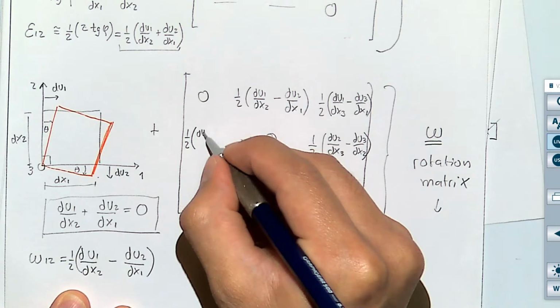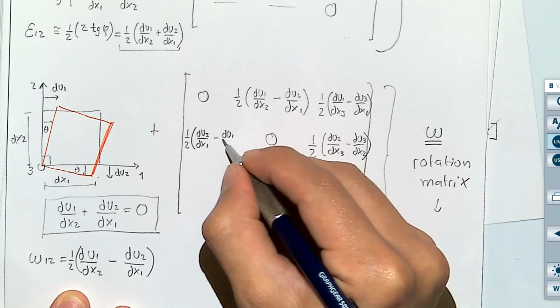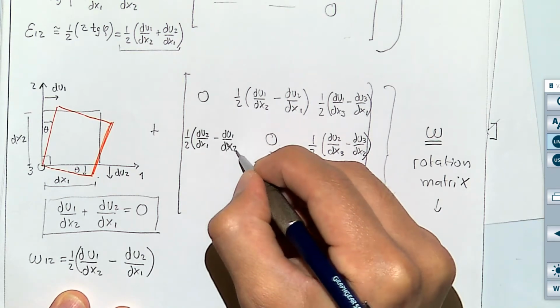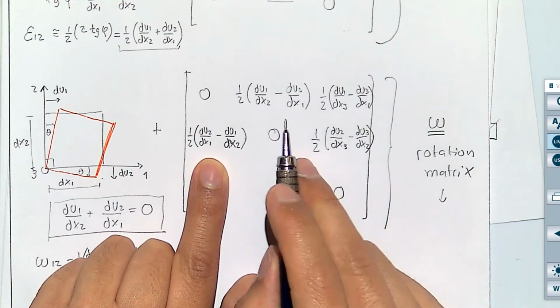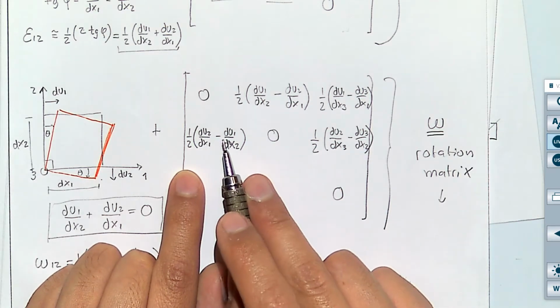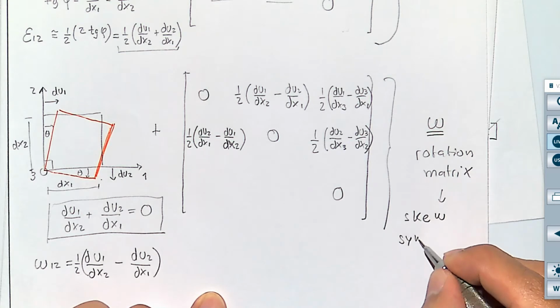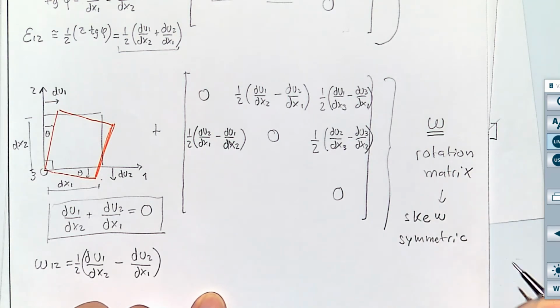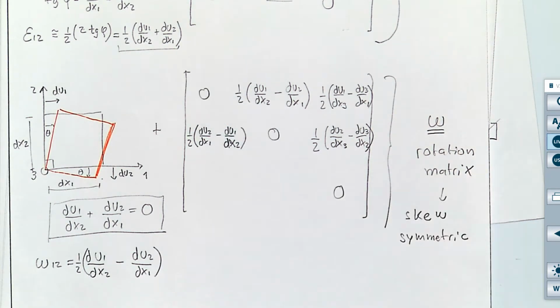If I write what this one should be for this component, you can see right away that it is not a symmetric matrix, because this number is the negative of that one. And because of that, this is something called a skew symmetric matrix, because the values in absolute number are the same, but the sign is different, as you look at it mirroring on the diagonal.